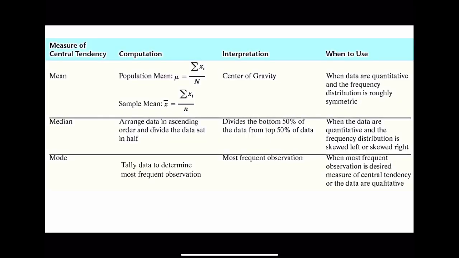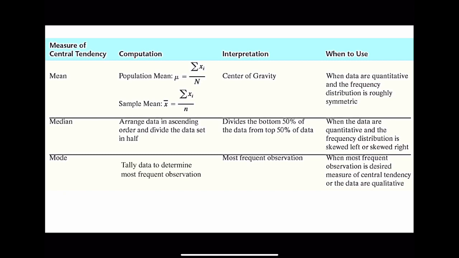So once again, here is everything crunched together. Our mean is like the center of gravity. When the data is quantitative and the frequency distribution is roughly symmetric, we use the mean. The way that we calculate the mean is by adding everything together and dividing by the number of data points we have.